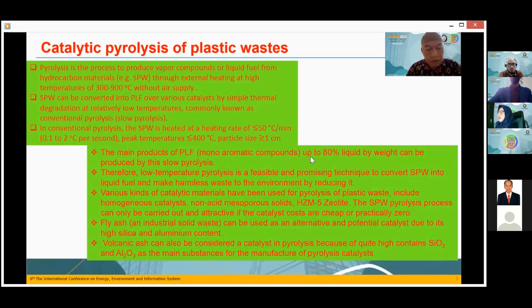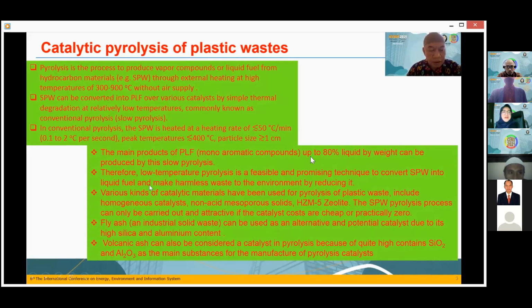The pyrolysis of styrofoam plastic waste can be carried out at a relatively low temperature, under 400 degrees centigrade, which is known as slow pyrolysis or conventional pyrolysis. It means low temperature pyrolysis is a feasible and promising technique to convert solid styrofoam plastic waste into liquid fuel and reduce harmful waste to the environment.